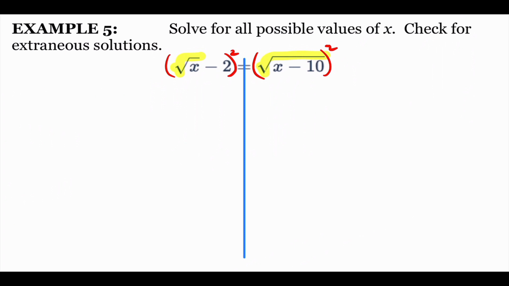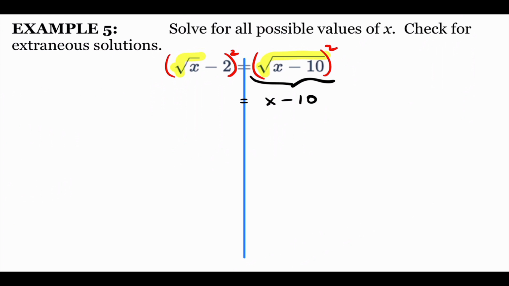The right side makes x minus 10. Problem with the left side, though. It looks like it would make x minus 2. Problem is the minus 2 isn't under the root. So that trick won't work because the minus 2 is not under the root.